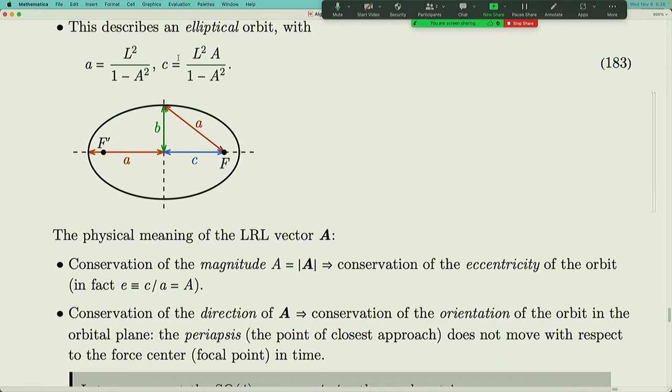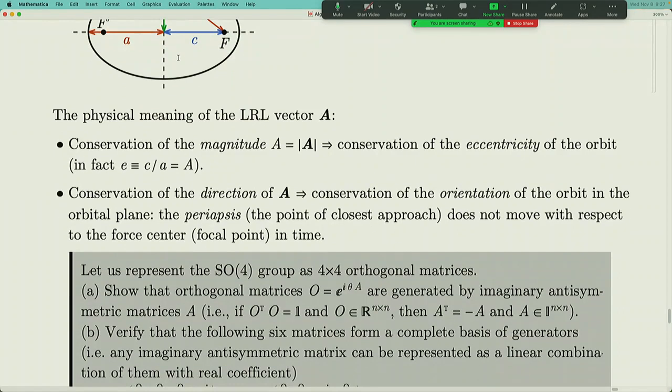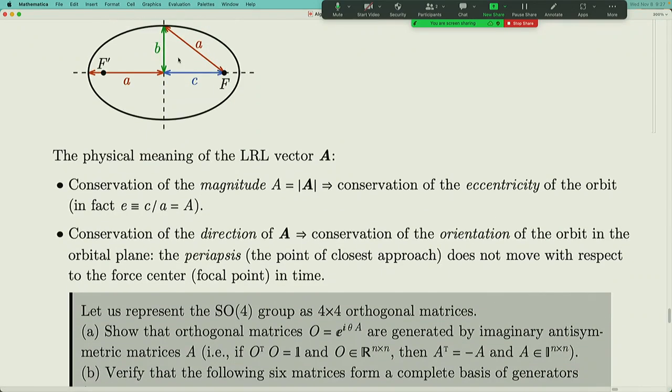So the planet or the electron will move along in this way and keep changing the direction of its major axis. That is the general case if you only have conservation of angular momentum. But in this Kepler orbital, we have something more. We also conserve the orientation of the orbit, which is the direction of this A vector. So that's the physical meaning of this A vector in this problem.